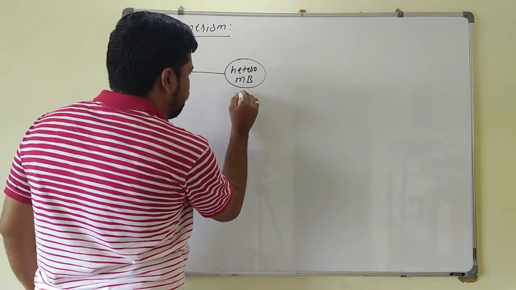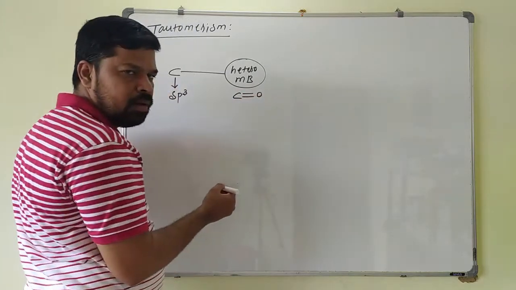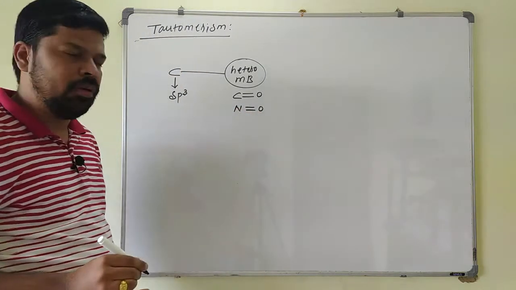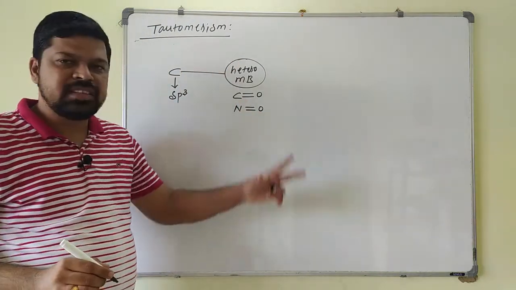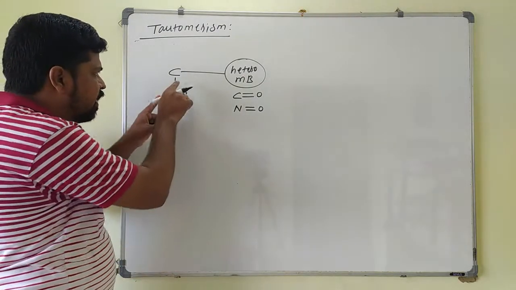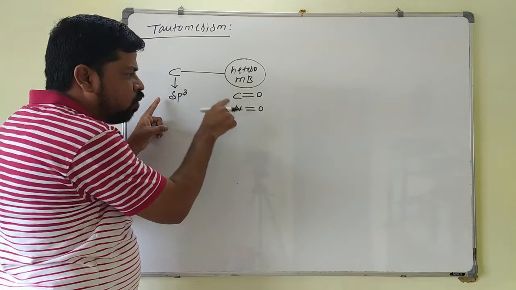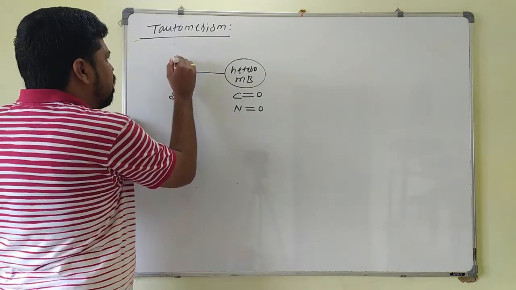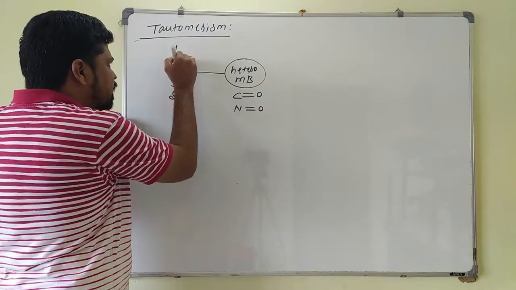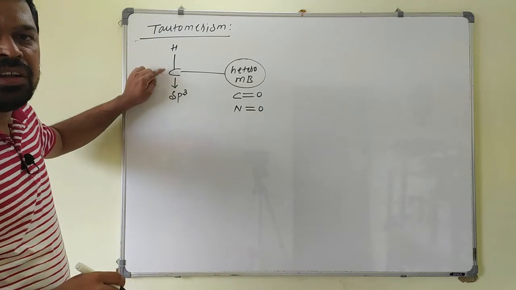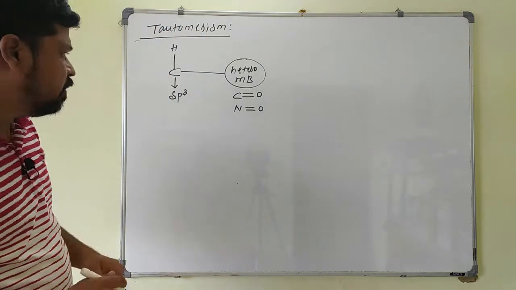For example, it may be a carbon-oxygen double bond, or a nitrogen-oxygen double bond. If this condition is satisfied in the given compound, such a compound will show tautomerism. The sp3 carbon atom must be connected to a hetero-multiple bond, and this sp3 carbon atom must have at least one hydrogen atom on it. Then only tautomerism is possible.